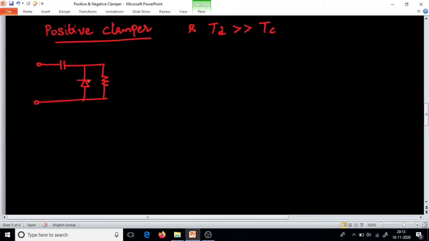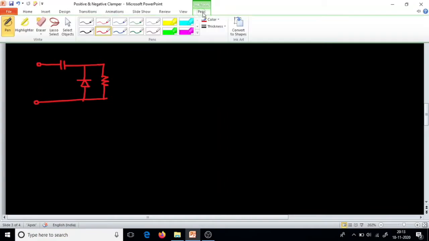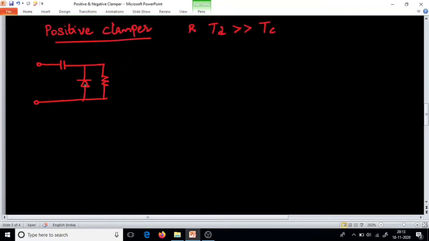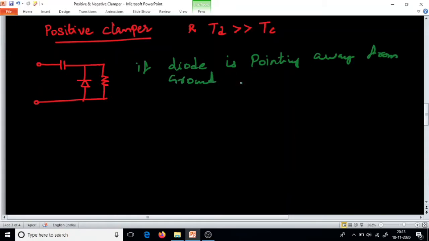By looking at the circuit, we can identify whether it is a positive clamper or a negative clamper. If the diode is pointing away from ground, then it is a positive clamper.